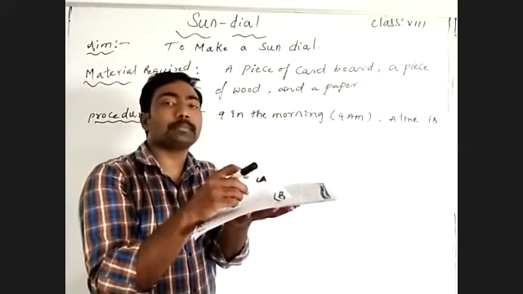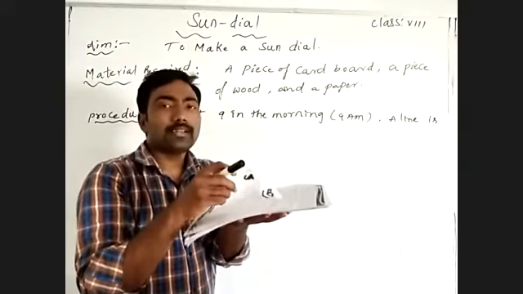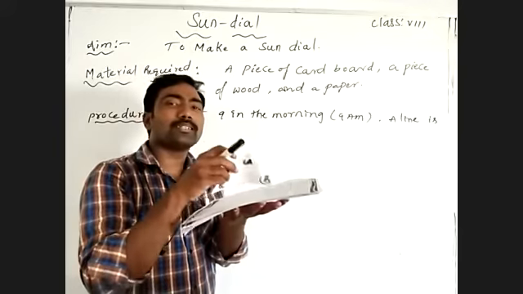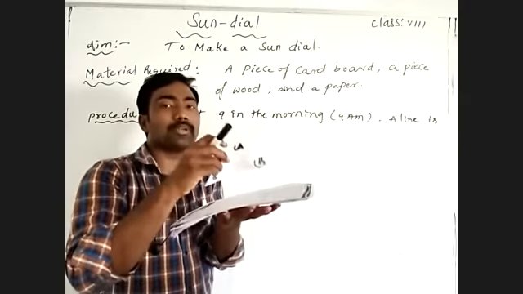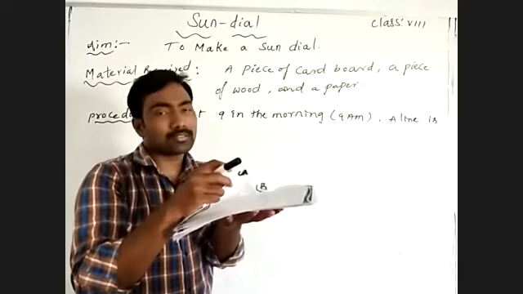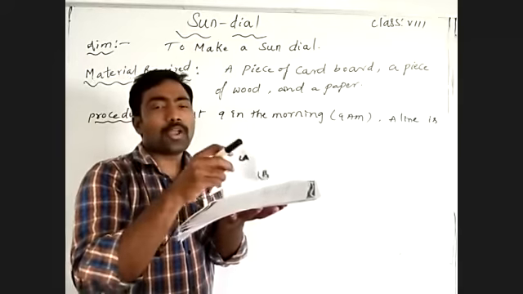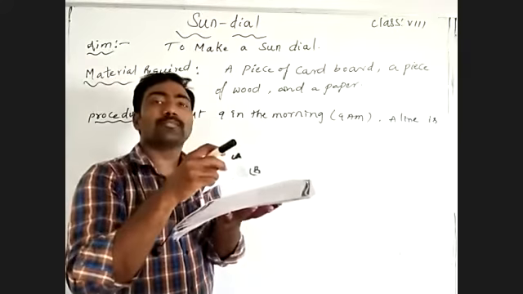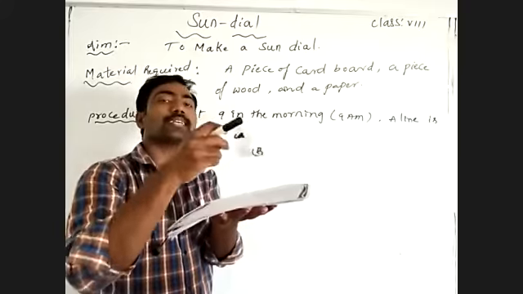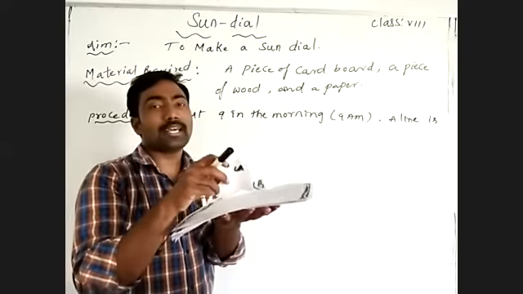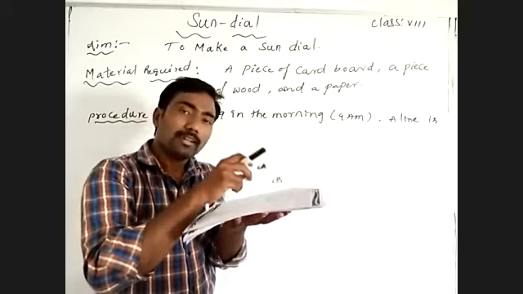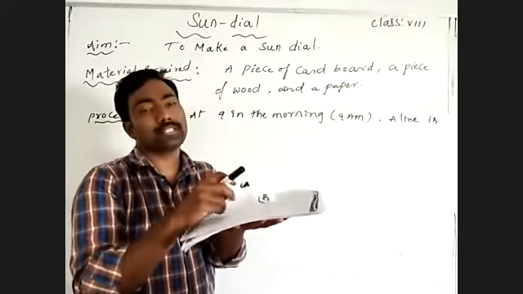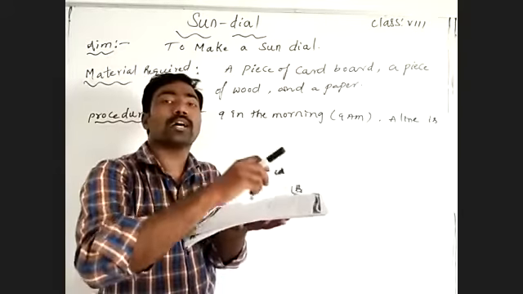After every 30 minutes or after every 1 hour, we have to come and draw a line where we are getting a shadow, along the line. We continue up to the evening, till sunset, drawing a line along the shadow where it is forming, and we have to note down the timing.